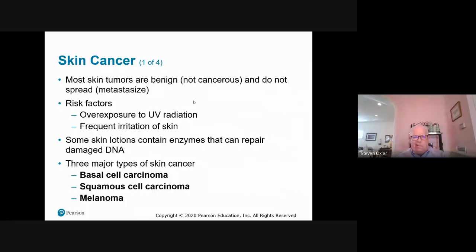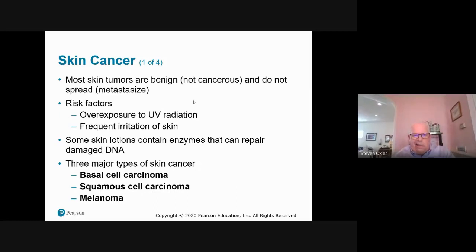What are the risk factors of skin cancer? Overexposure to UV radiation. Don't sit in the sun 8 hours a day for a week. And frequent irritation of your skin. You have a job where your skin is continuously irritated, you are susceptible to skin cancer.